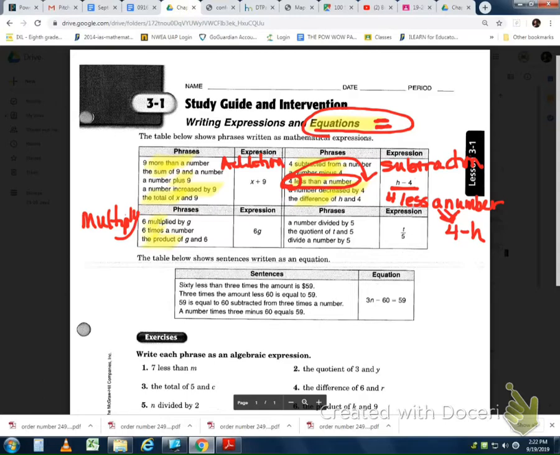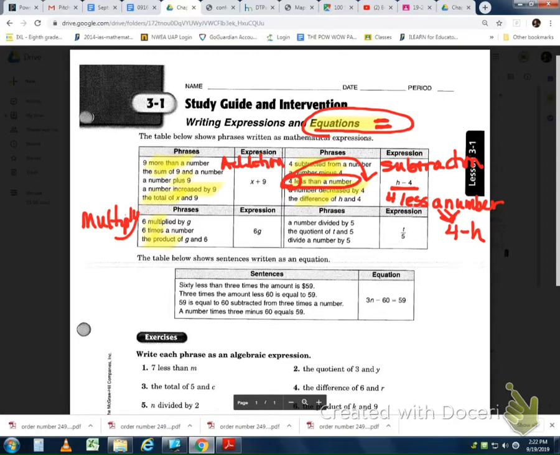Now, when you're doing addition and multiplication, can't you do those problems in either order and get the same answer? Right? You can say 4 plus 5, it's the same as 5 plus 4. What about subtraction? Is that the same in either order? No. So if it's subtraction, you've got to write it exactly the way that it says. Same way with division.